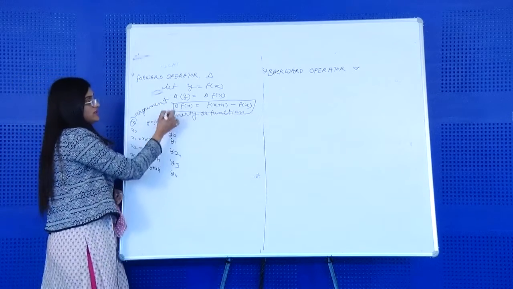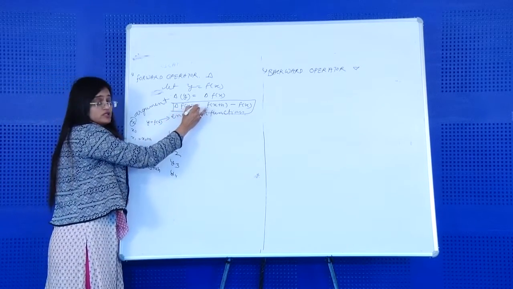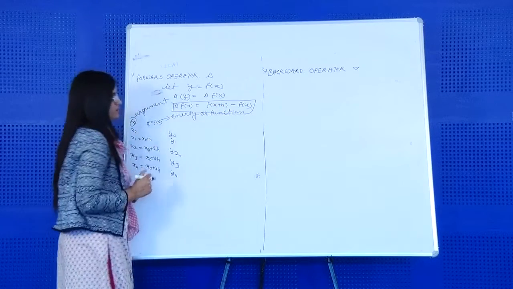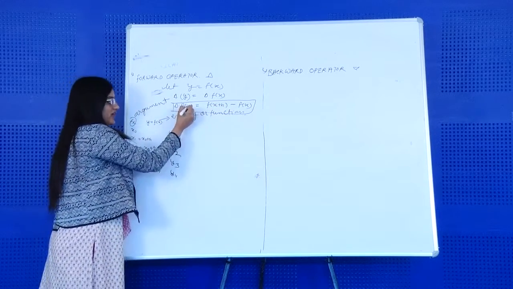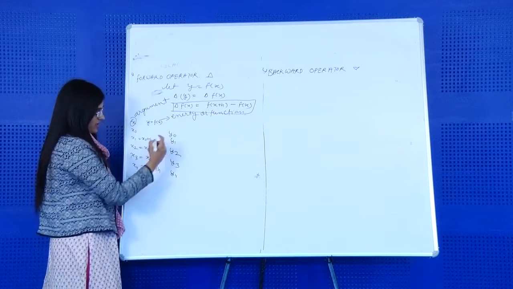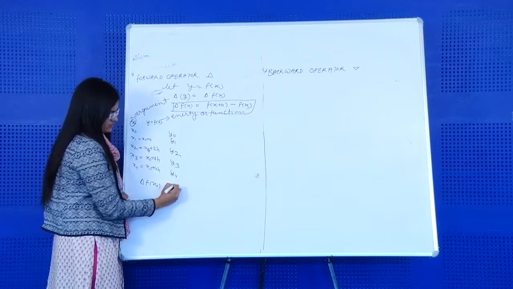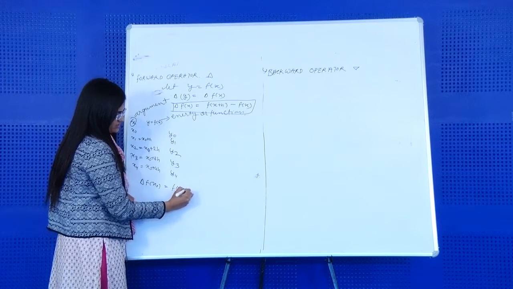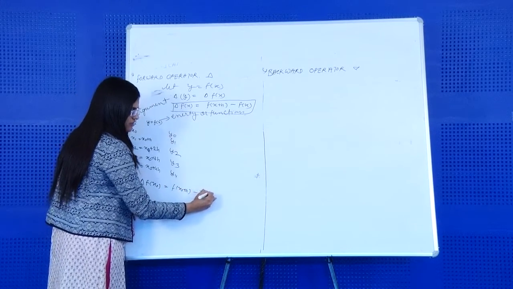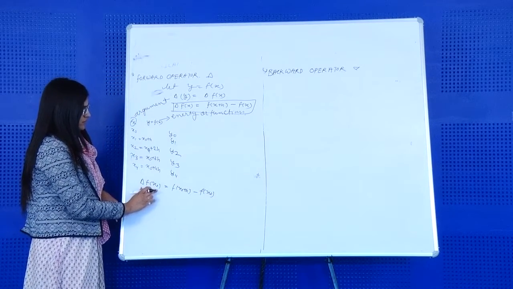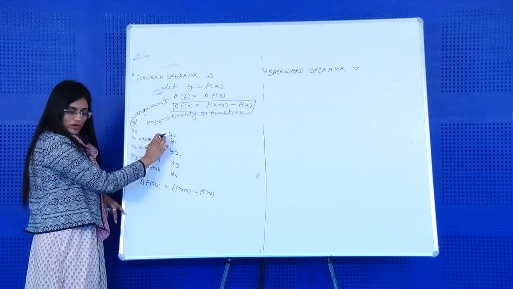With this definition, delta of f of x equals f of x plus h minus f of x. If I initialize this x value with x0, my definition is delta of f of x0 equals f of x0 plus h minus f of x0. F of x0 is y0.